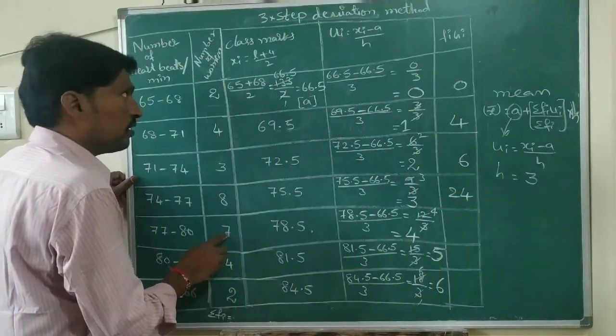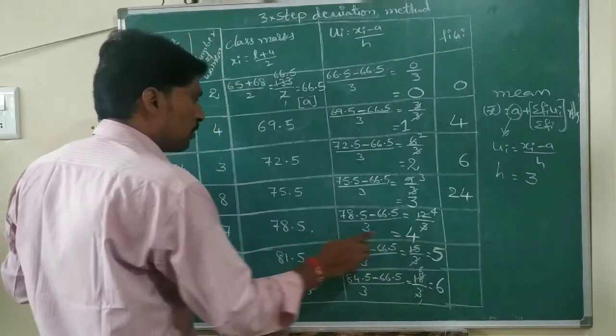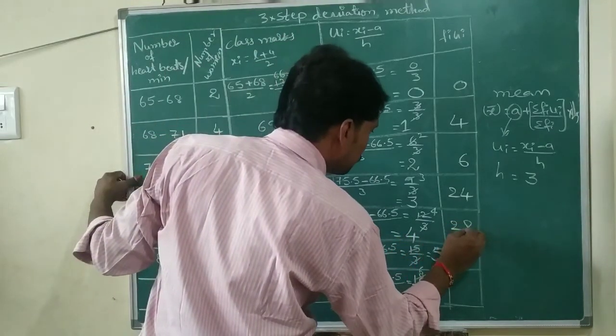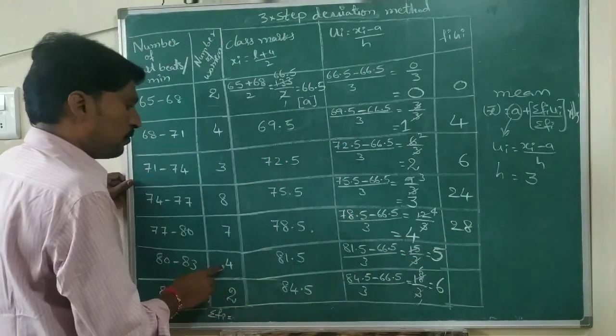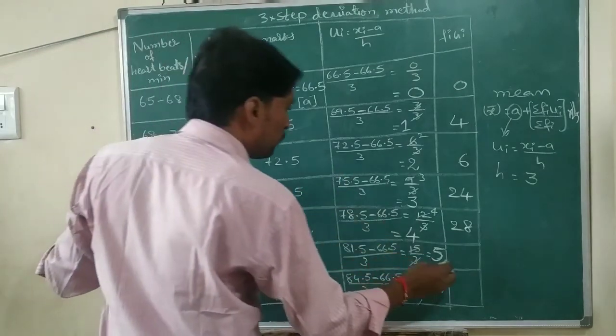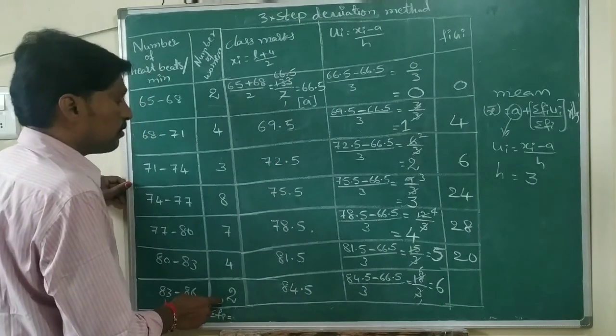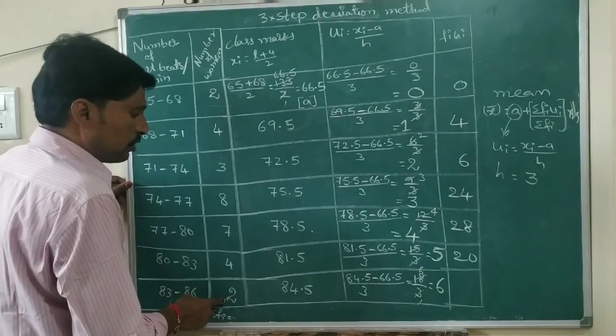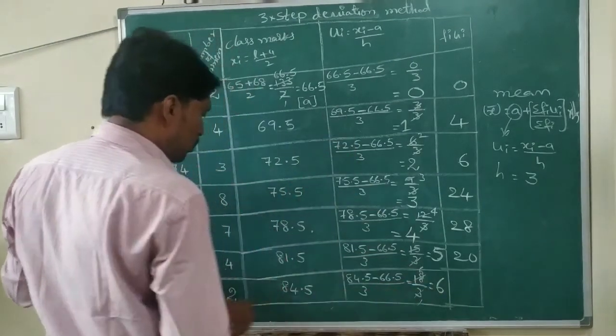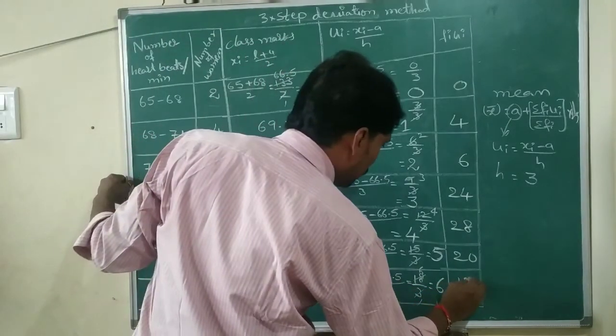Next fi is 7, ui is 4, 7 into 4 is 28. Next fi is 4, ui is 5, that is 20. Last class frequency is 2 and ui is 6, 2 into 6 is 12.